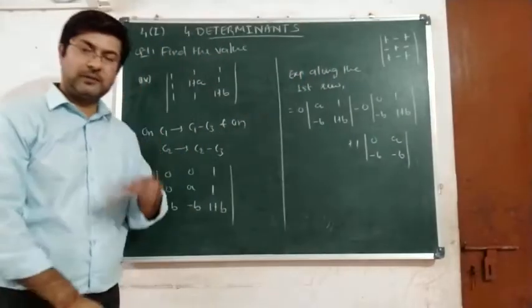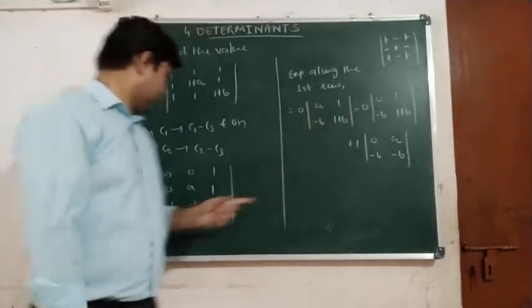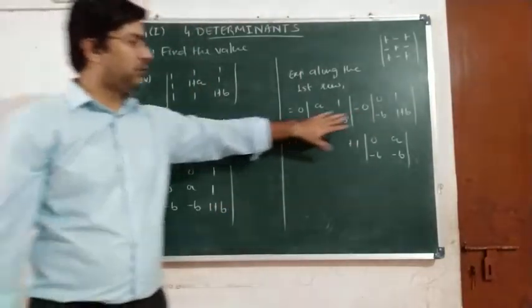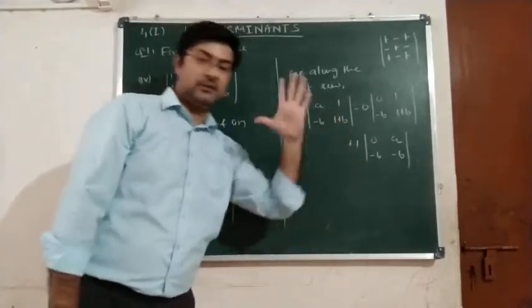It is not compulsory to write these two steps, since the first and the second term have 0, so even if we don't write this, it will do. You can directly write down this third term.